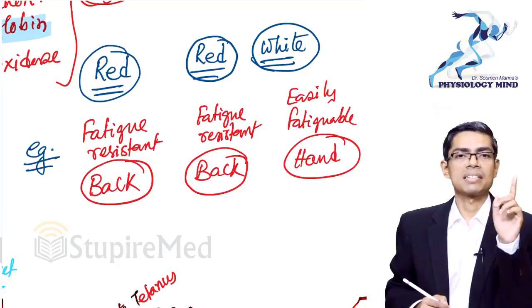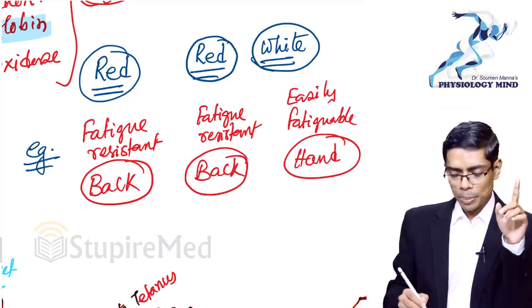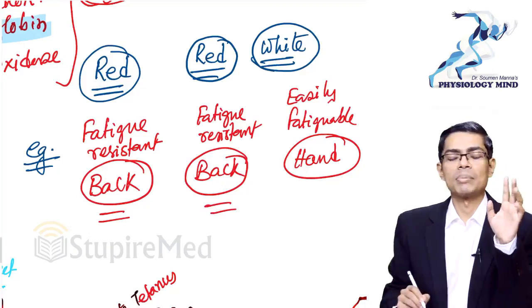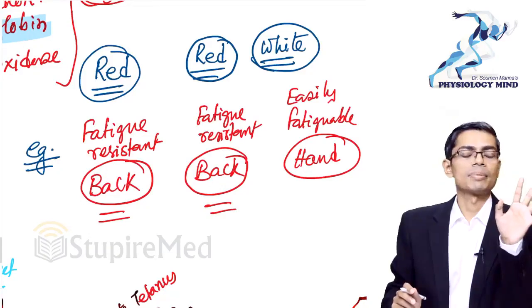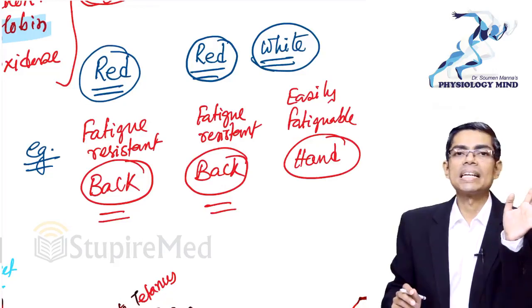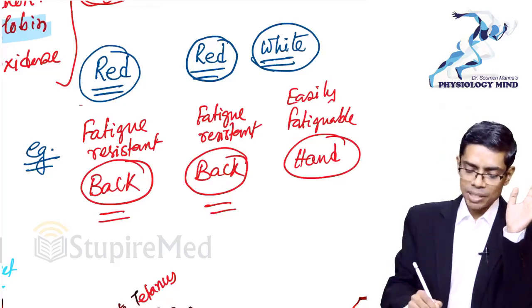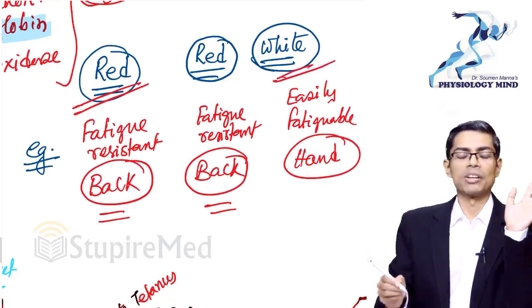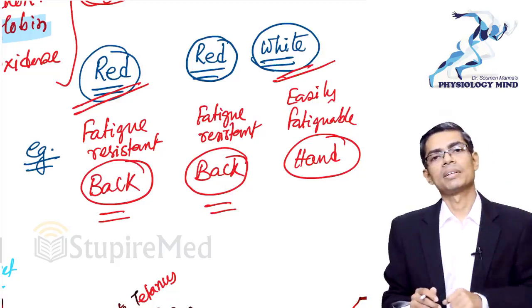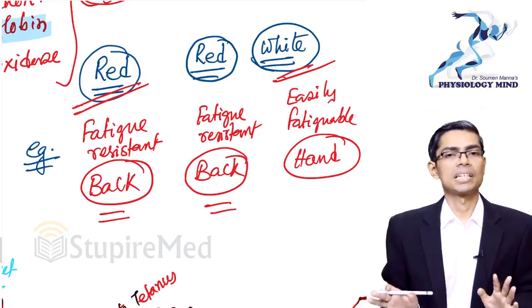But just remember the last line. In our body, pure red or pure white muscle is never possible. Almost always there is a mixture of red and white fiber in varying composition. Red muscle means predominantly red type of fiber. White muscle is predominantly white type of fiber. This is all about your skeletal muscle.